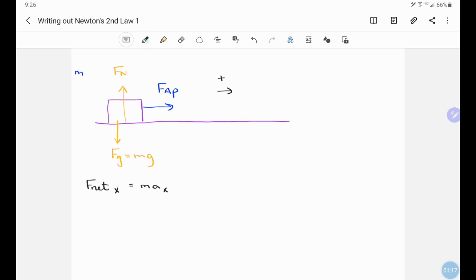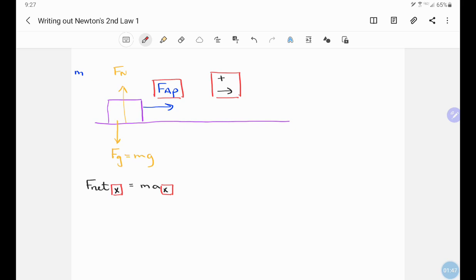Now, we are being specific as to which direction we are writing out F net in, and as a result, being specific to which direction we are looking for acceleration. Based on my picture, the only force acting in the x direction is the applied force. And based on my sign convention, the direction that that applied force points in is positive.